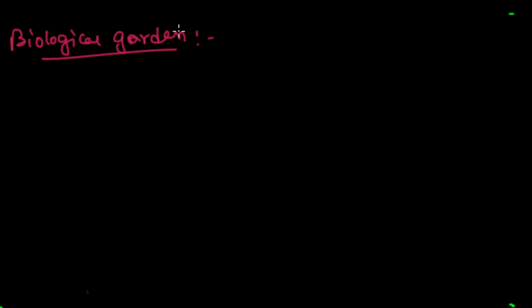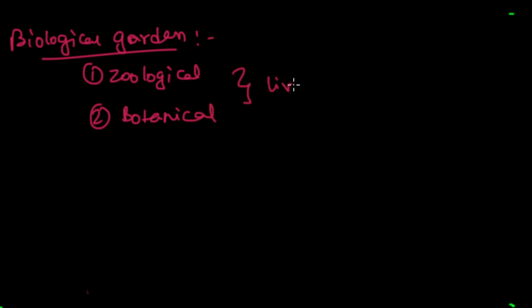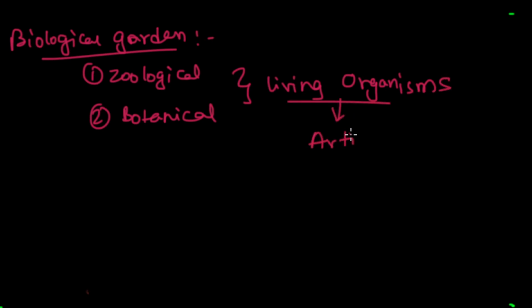Biological gardens include both zoological and botanical. Okay, these two contain living species, guys, living organisms, not the dead preserved organisms. They contain the living organisms and they are stored in artificially made, listen to me carefully, artificially made natural habitats.